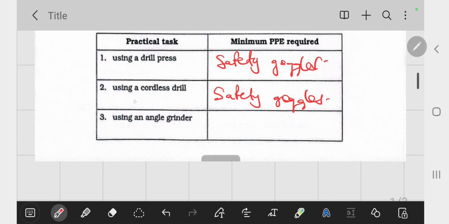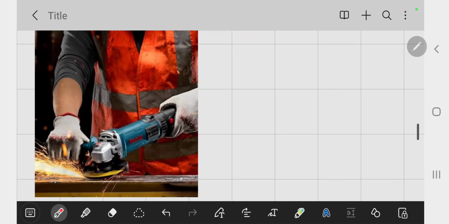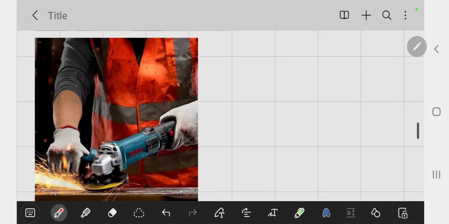Then last but not least, using an angle grinder. An angle grinder looks like this. So this is an angle grinder, and luckily this is the one which you normally find in a metal workshop. As you can see, I think this is the best picture you can find on the internet, simply because the person operating this angle grinder is already wearing the correct PPE.